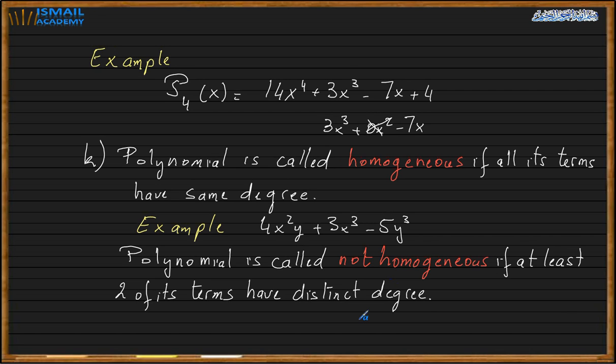For example, q to the power 4. So that term has degree 3, that term has degree 4, and that has degree 4, so it's not homogeneous. So this is about the homogeneous property.